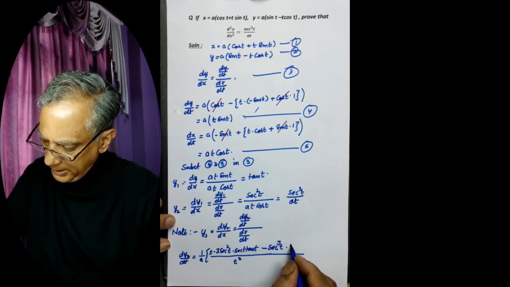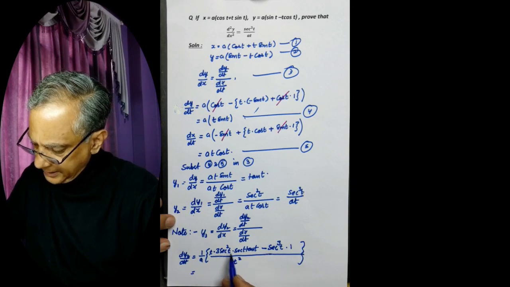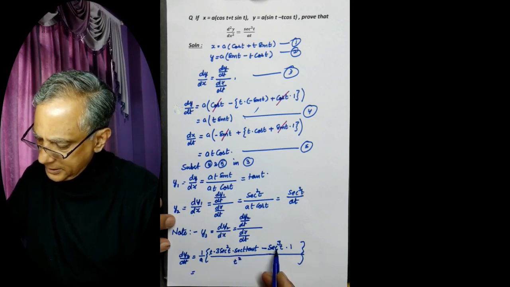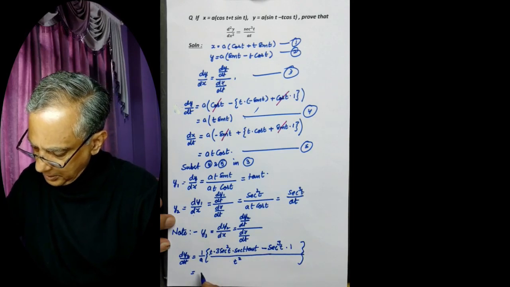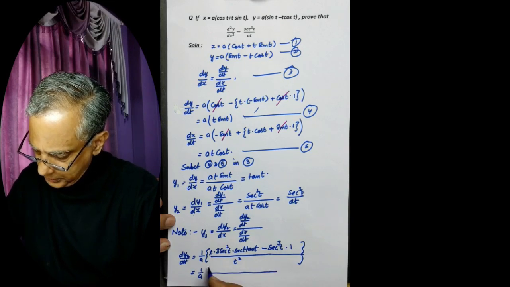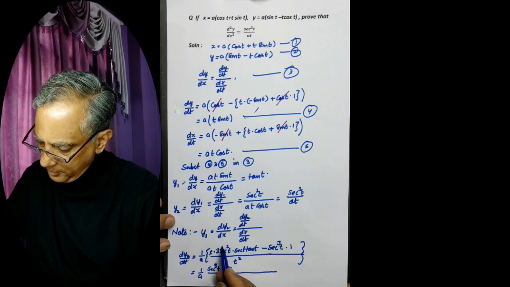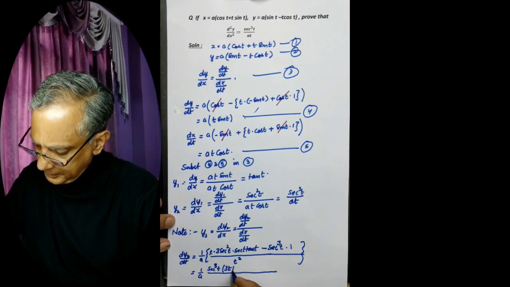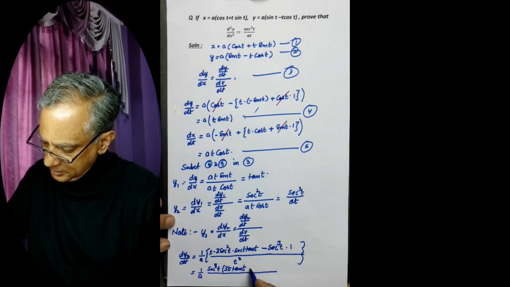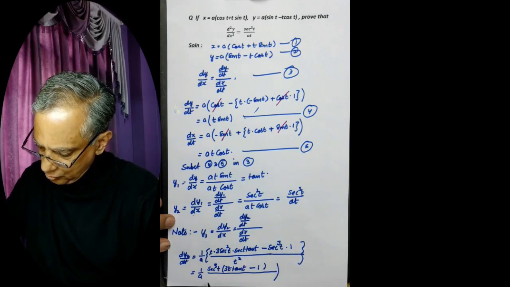So this will be 1, and this is equal to, now this is secant square t into secant t is secant cube t. We will take secant cube t outside. So this will be 1 by a into secant cube t is common, and we are left with 3t tangent t minus 1.